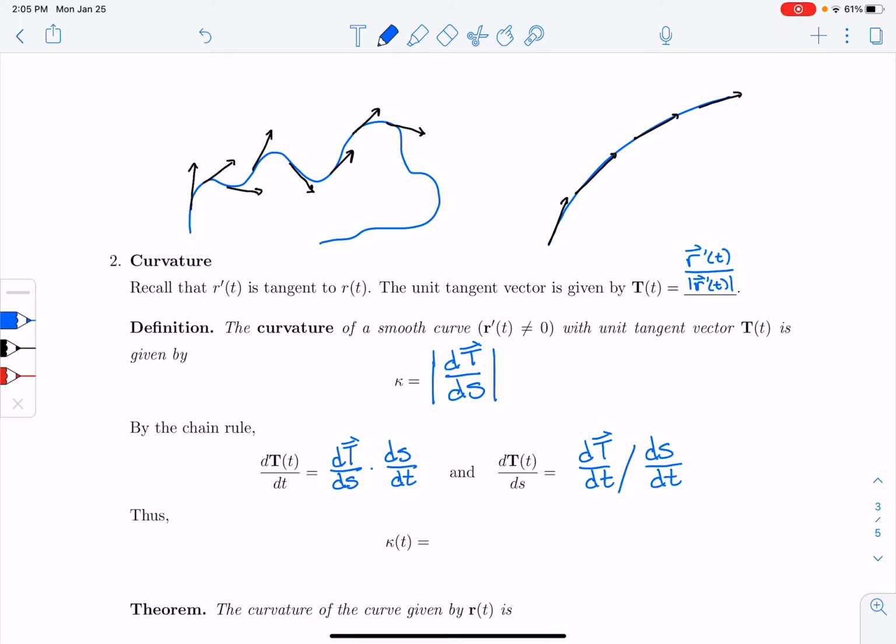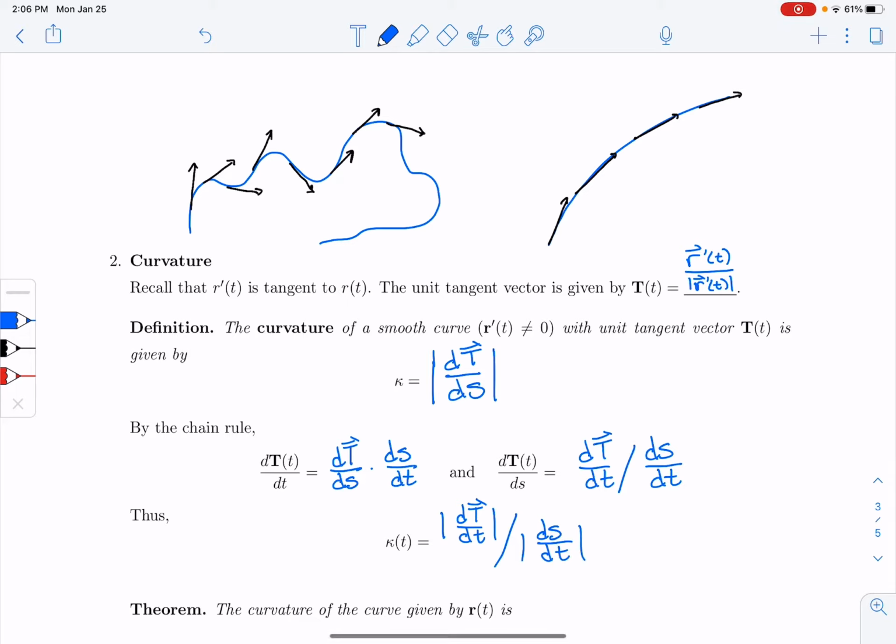And so that's actually how we're going to define curvature. Curvature is going to be the absolute value of the derivative of the tangent vector with respect to time divided by the absolute value of the derivative of arc length with respect to time.